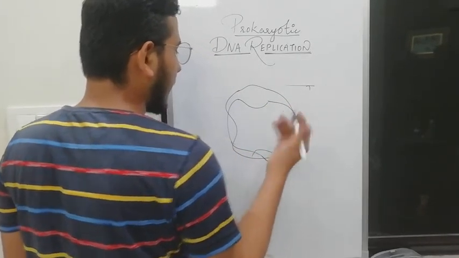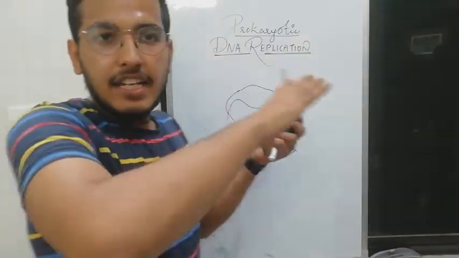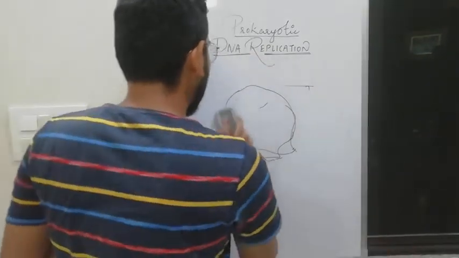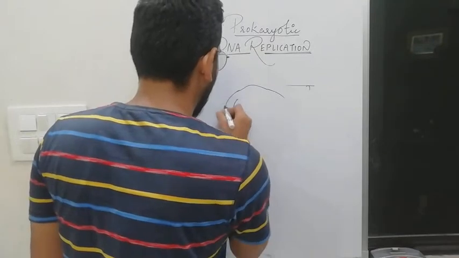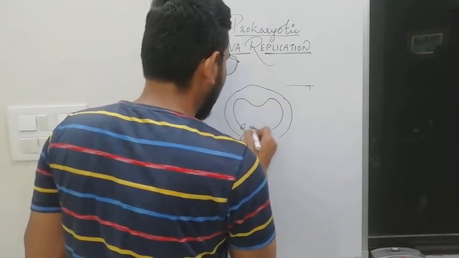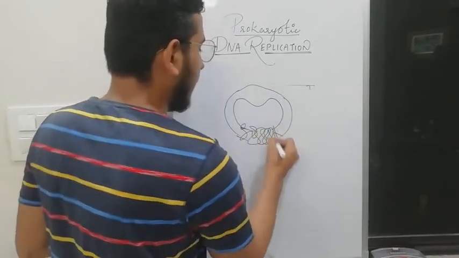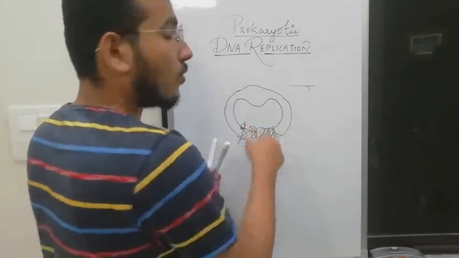If we again and again open here, at a time somewhere here it will get coiling like this, and this creates a problem. So here another enzyme is recruited called topoisomerase.